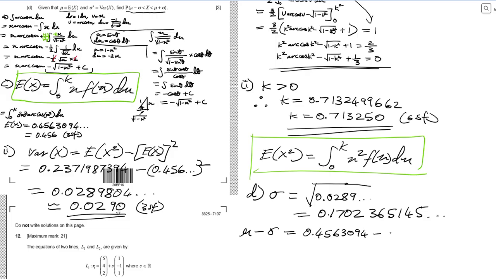In fact, don't need to show all of this.